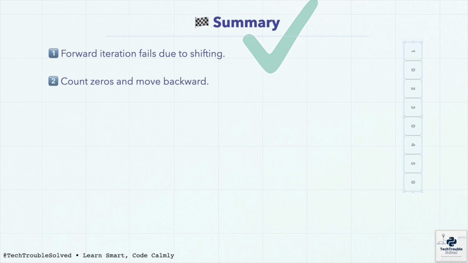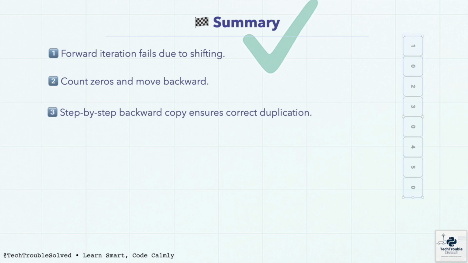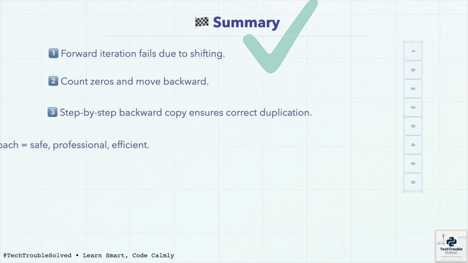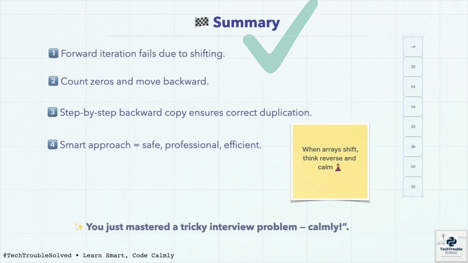We duplicated zeros safely without changing the array's size. i read each element from the end, while j wrote elements and extra zeros in their correct positions. When the array started with zeros, the logic still held strong, gracefully ignoring duplicates that fell outside the valid range.